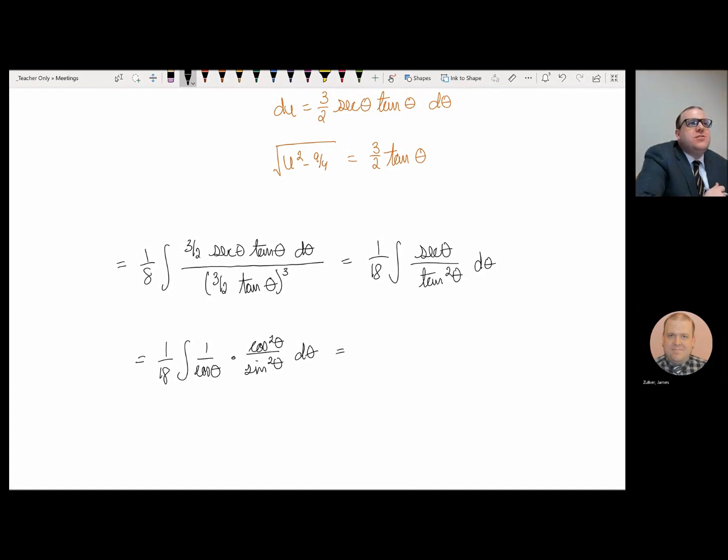And that simplifies to what? Cosine over sine squared?